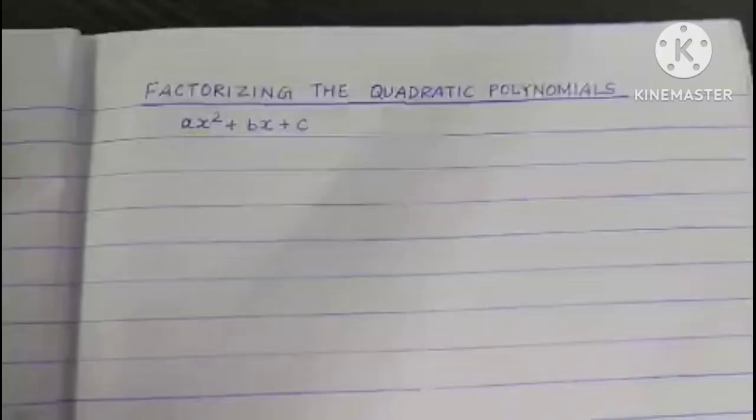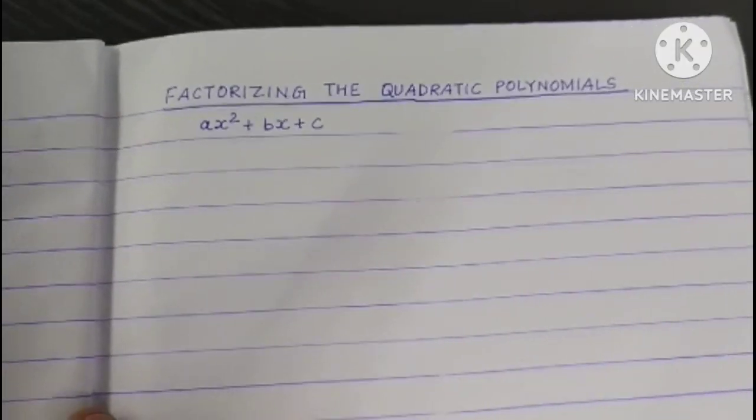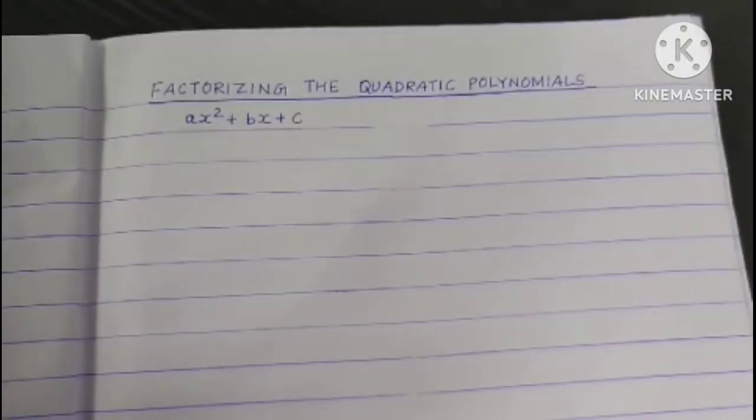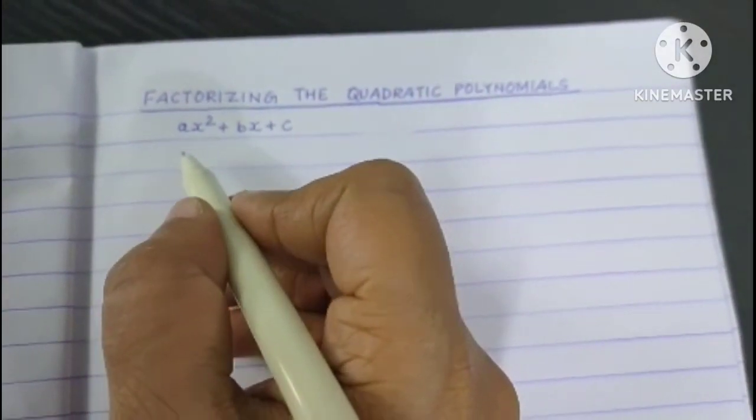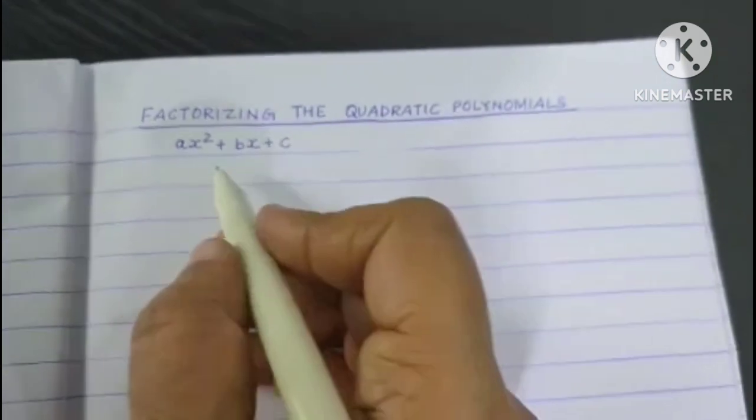So please stay tuned in my video lecture number 7. And so let us start factorizing the quadratic polynomials. The general form of the quadratic polynomial is ax square plus bx plus c.